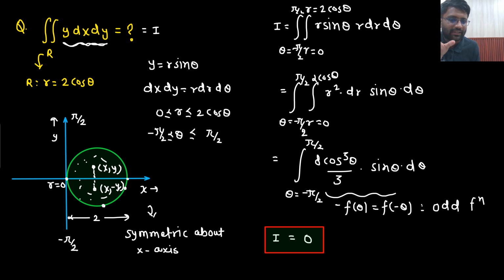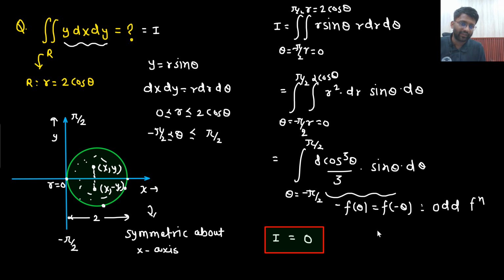I don't know what it is representing, but whatever the positive quantity I will get, the same negative quantity I will also get, because along with x comma y I am getting x comma minus y also. Both will cancel out each other, answer will come out to be 0.